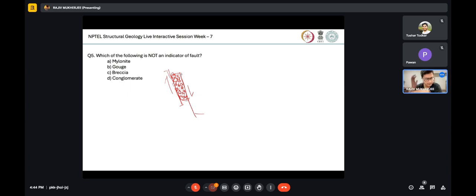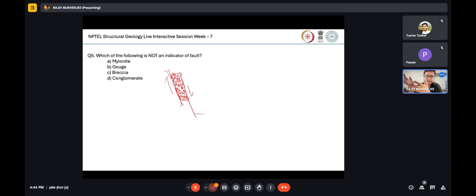But if I restrict the displacement to a few millimeters or centimeters, or even a few meters, the comminution of the grains will not be high enough to produce very fine grained gouge material.